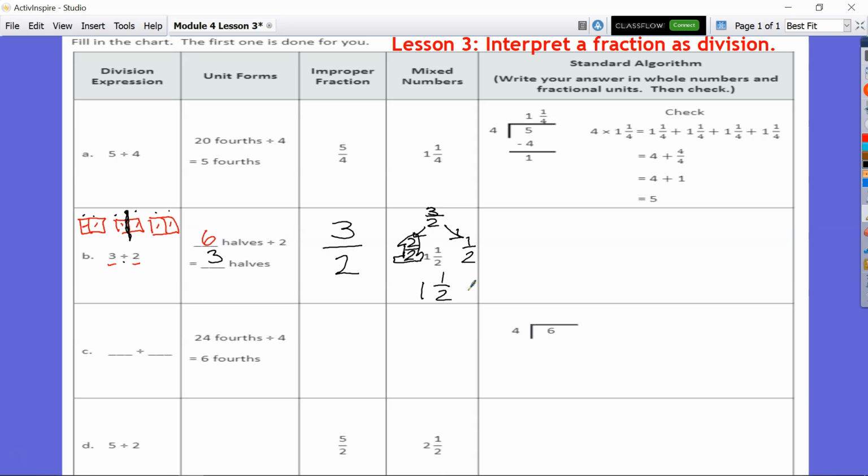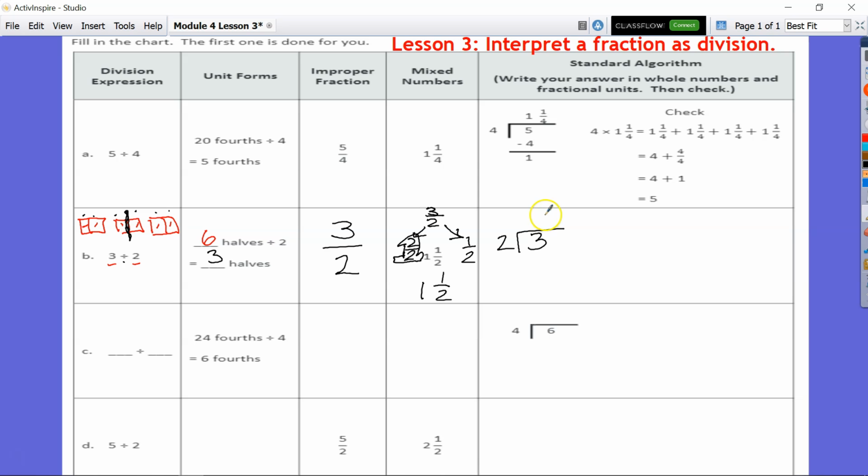All right, so now let's look at the standard algorithm. Remember, we're always going to say whatever number comes first in our expression, the 3 here, is going to go into the house. So 3 is going to be underneath. We say 3 divided by 2. Or in our fraction, we say, well, 3 was on top. He has first priority. He wants to go inside.